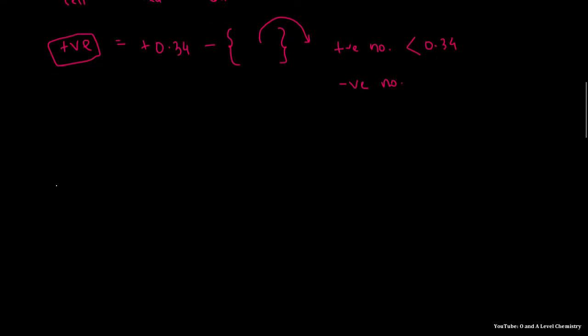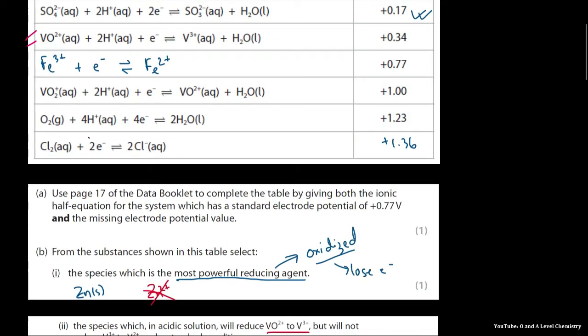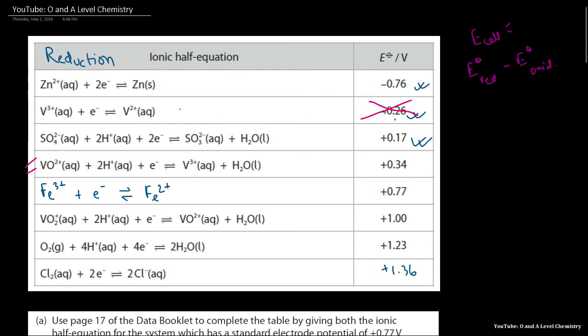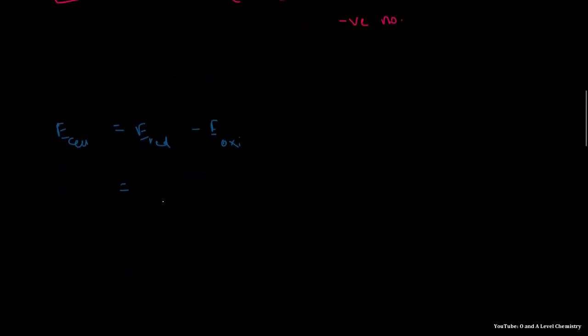So if I write the E cell again, the E cell is going to be the E reduced, for the second part, minus the E oxidized. So my E reduced value, for the V3 to V2, was minus 0.26. So this is going to be minus 0.26 minus whatever the value is going to be here. I know that this doesn't happen, right? So my E cell is negative now.